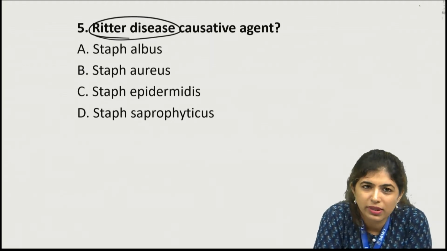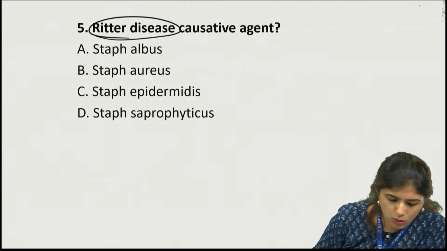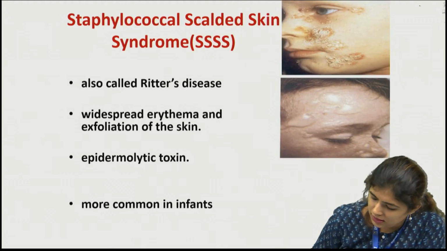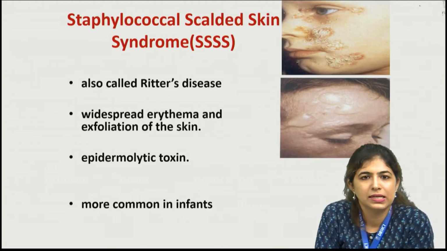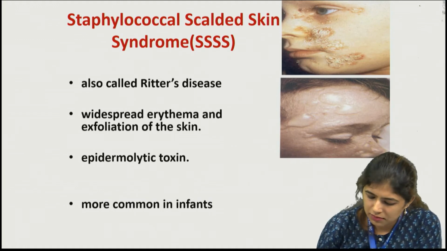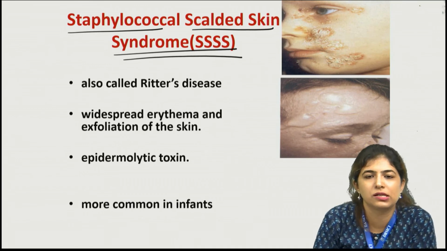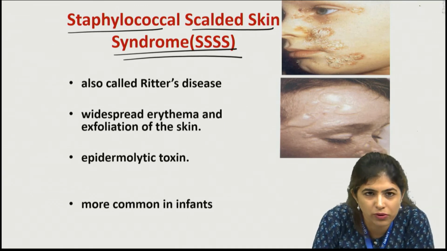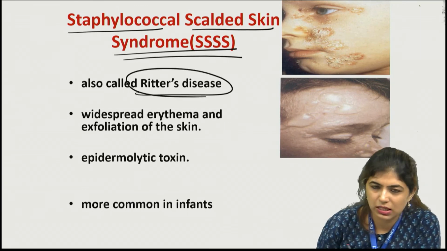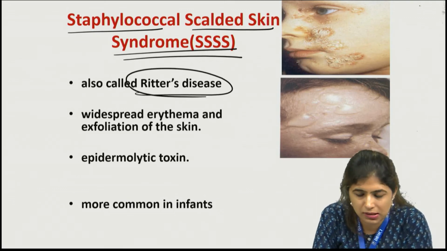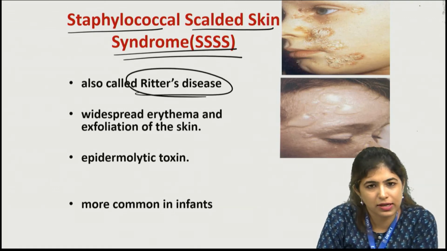Can you tell me what that diagnosis is? What is Ritter's disease? Ritter's disease is this. Staphylococcal scalded skin syndrome, SSSS, aka Ritter's disease. What is it actually? What is it?